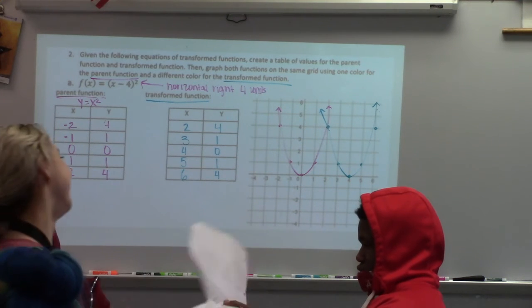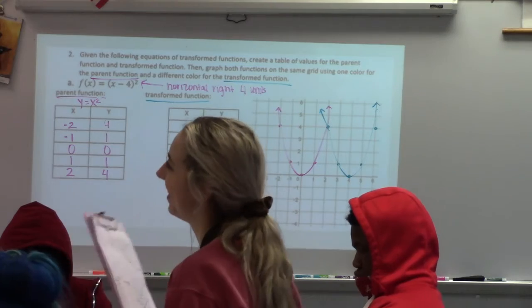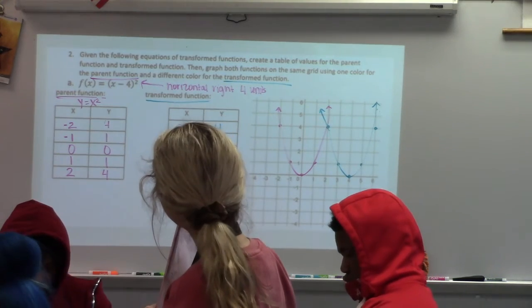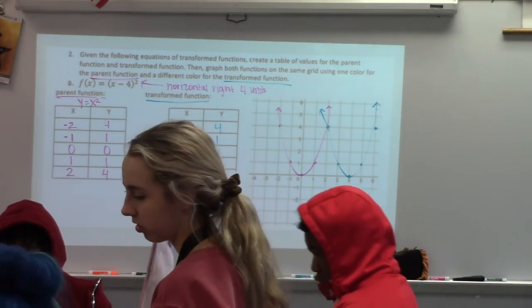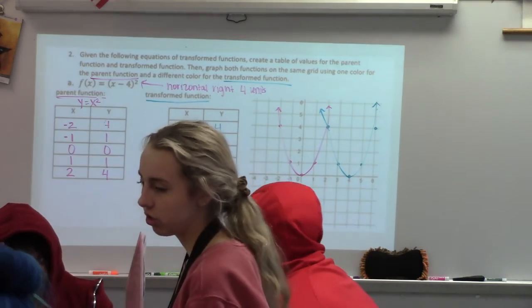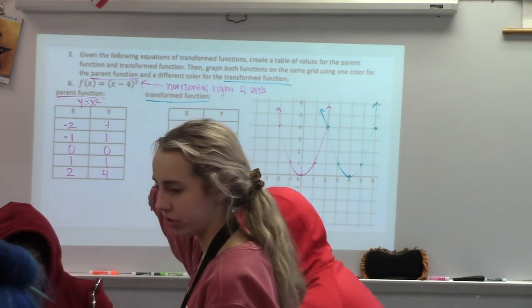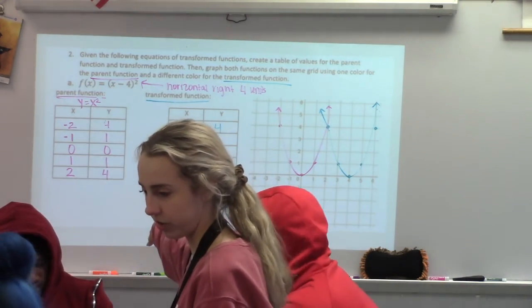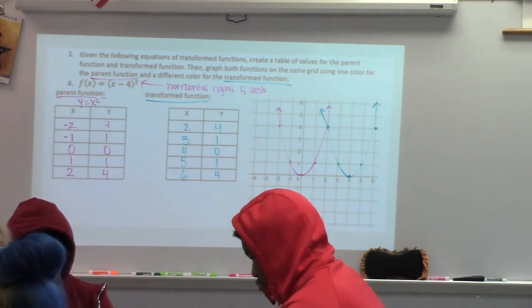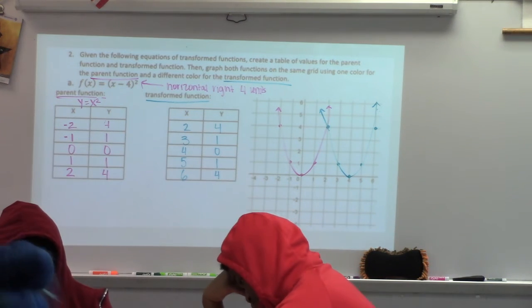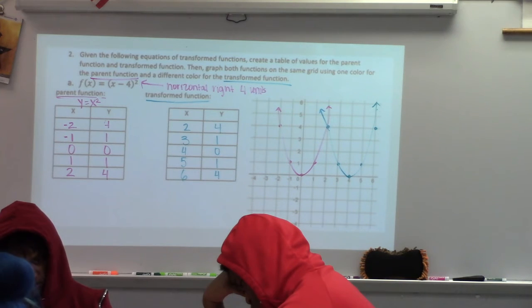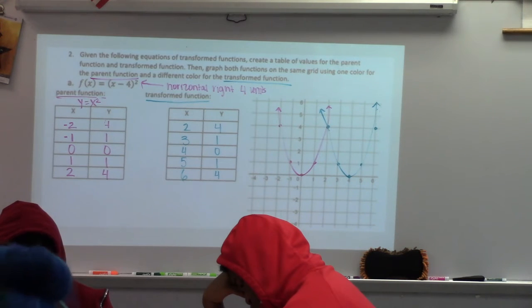Okay, so they want to go right here, right? For the parent functions? Okay, well, that's the parent function for what equation? So they're different, right? It is a square root, so you're not using the same.